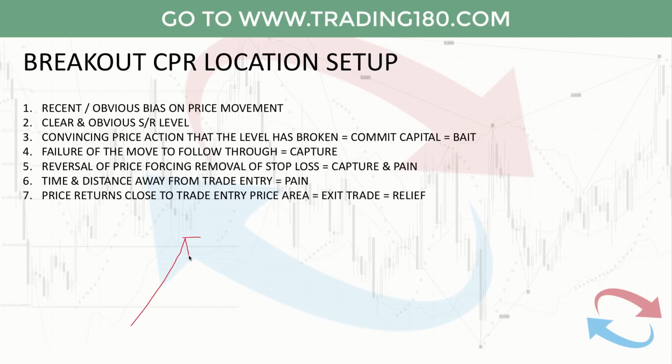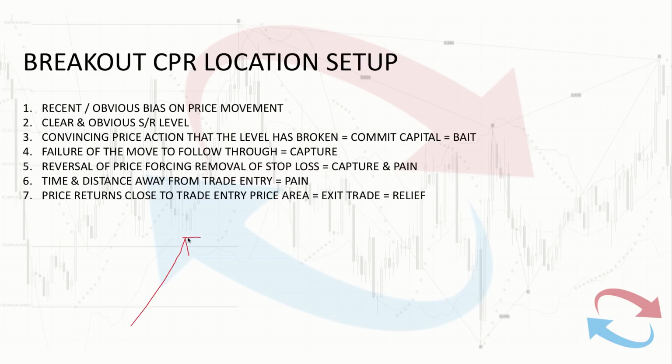But for the sake of the CPR location setup, we're looking at how to take advantage of breakout traders, right? And when the expected move fails, right? So we want to see a pullback, then we want to see convincing price action that that level has broken, right? Because they're trading the break of this level. This is where they're looking to get in.